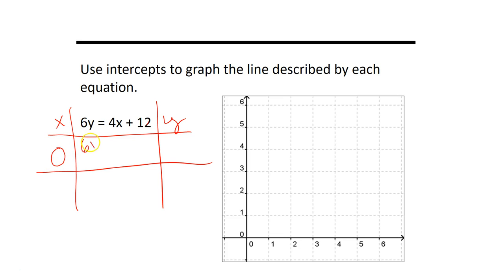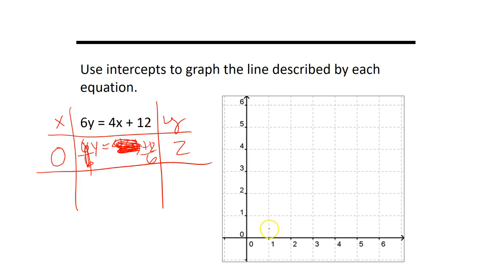So that means that 6y is equal to 4 times 0 plus 12. Well, what that means is that 4 times 0 is 0. So 6y is going to be equal to 12. So now I'm just going to divide both sides by 6. And then 12 divided by 6 is 2.